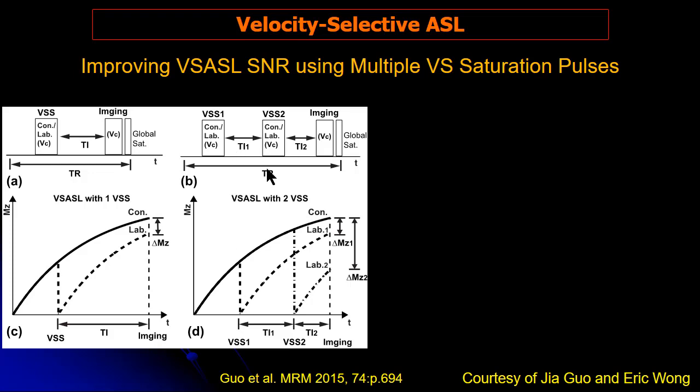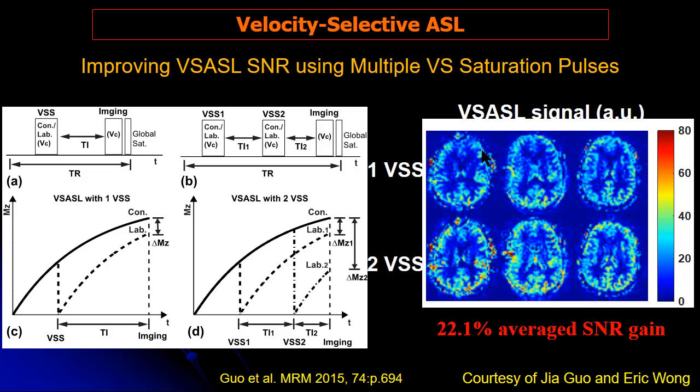So here they demonstrate that if you apply another velocity-selective saturation pulse after the first one, then you can actually increase the dynamic range of the labeling signal. So this is an example of their scheme, comparing the traditional 1 VSS module and 2 VSS modules. They found a higher signal. They actually quantified about a 22% increase of the average SNR.